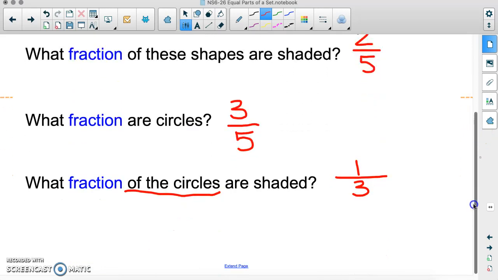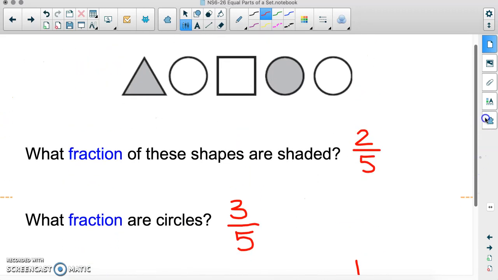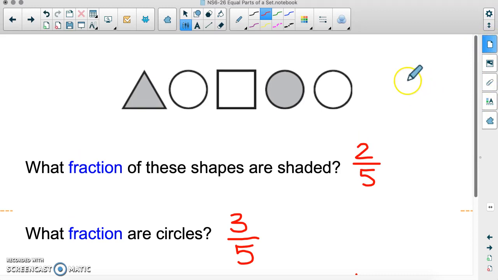Now for the bottom, sorry, it's not there, so I'm just going to ask it to you. What fraction of the squares are not shaded? Well, we only have one square on this picture, and it's not shaded, so 1 out of 1 of the squares is not shaded.